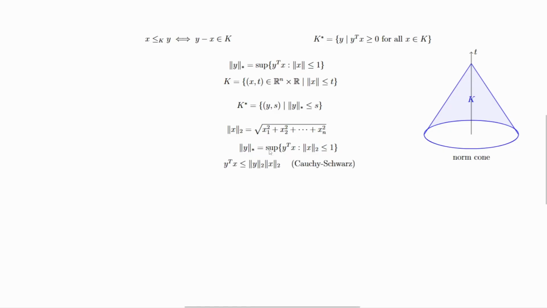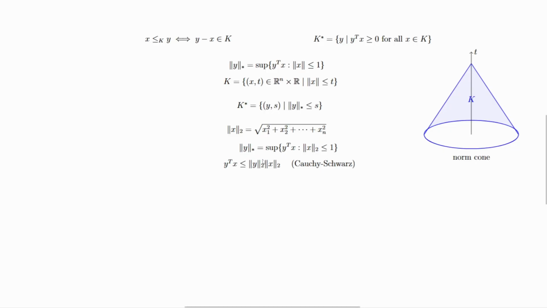So we need to find what this expression is equal to, which is the supremum of y transpose x such that the L2 norm of x is less than or equal to 1. But we know that y transpose x is less than or equal to the norms of y and x multiplied together by the Cauchy-Schwarz inequality.